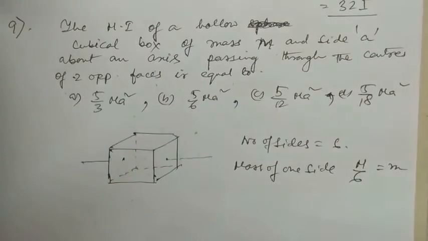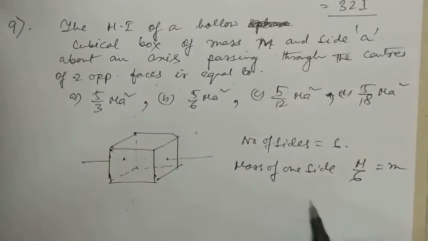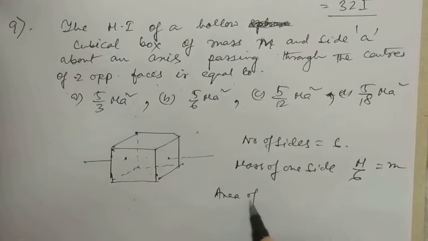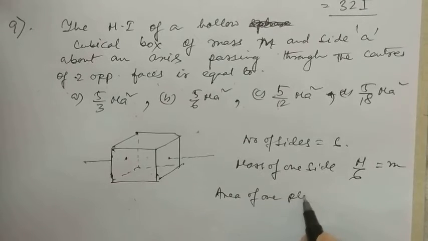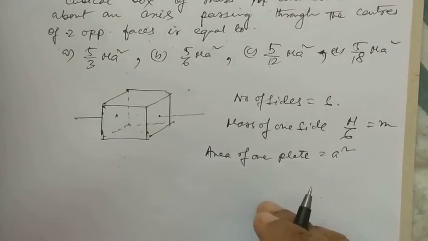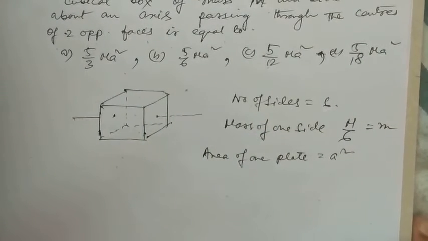Now area of one plate is equal to a square. So there are 6 plates, so it will be 6a square.